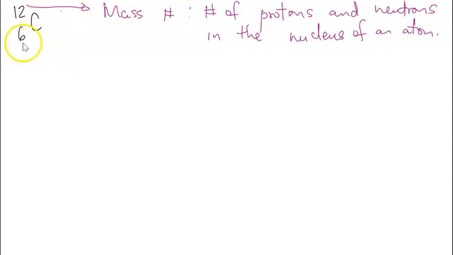So this is telling me that the total number of neutrons and protons in an atom of carbon is 12.